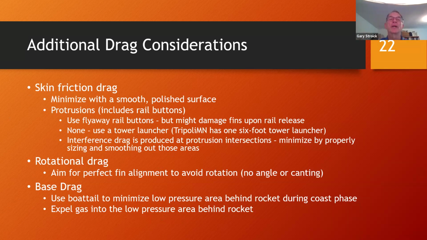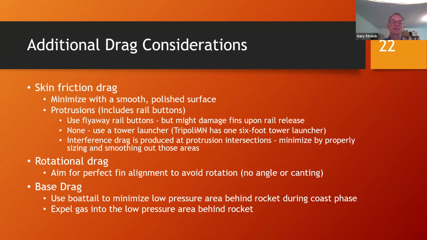Or you can somehow expel gas out of the aft end of the rocket and fill that space with gas, and then that turbulence won't be created. That's why it doesn't really exist while the motor's firing, because the motor's putting gas out of the back end and pushing the rocket forward. So that's another type of drag that you could consider and try to minimize.